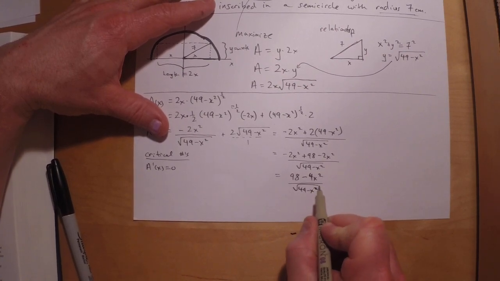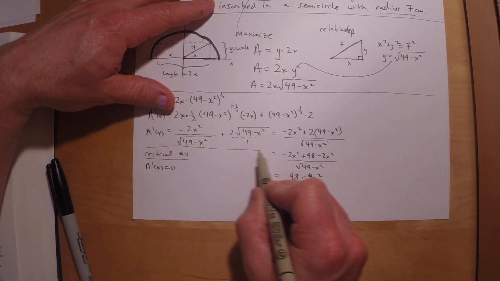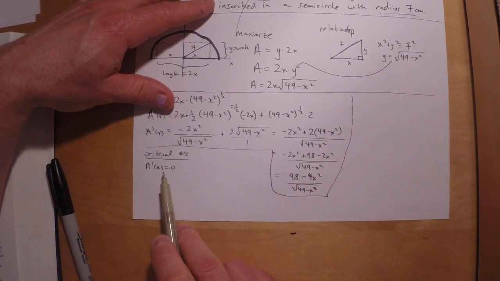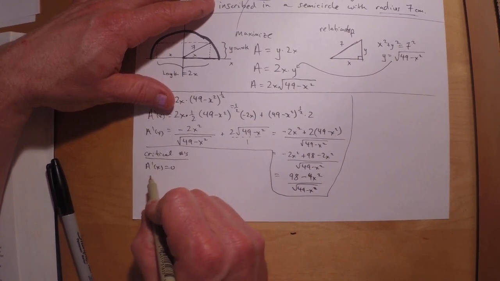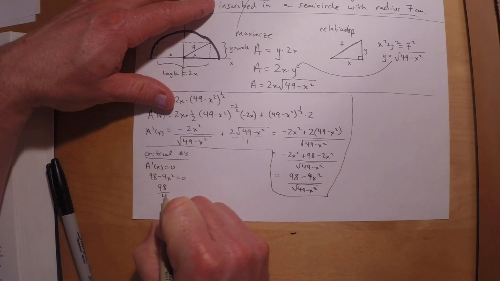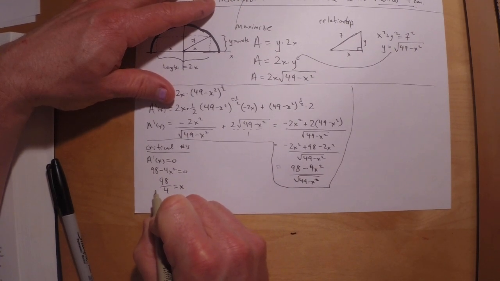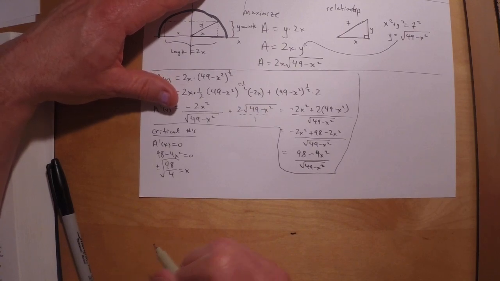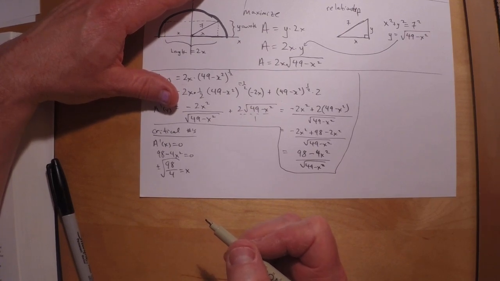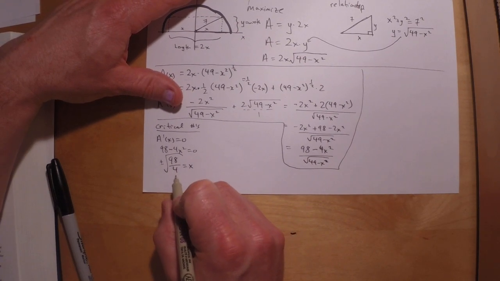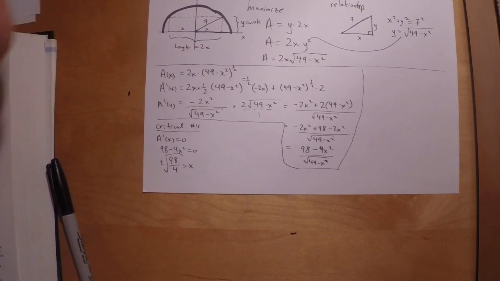So where does that equal 0? So there's my derivative. I cleaned it up there. I didn't initially, but I did some cleanup to make it easier to solve. Where is this equal to 0? That's where the numerator, 98 minus 4x squared, equals 0. That would be where x equals the plus or minus square root of 98 over 4, or in this particular case, what would that end up reducing to?